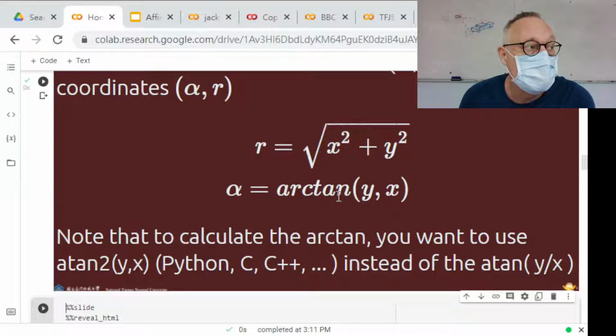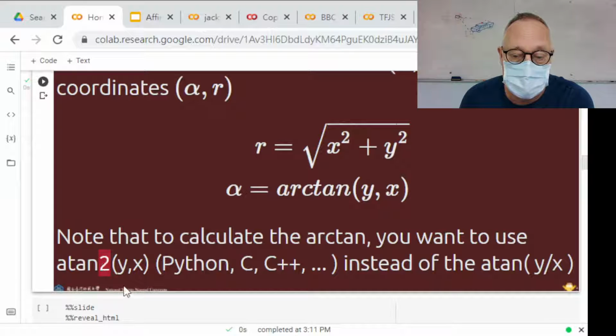So if you want to calculate this function, you have to make sure that you use the atan2 function, both in Python or C, C++, any other kind of mathematical program that you write. For new programs, it's a mistake to use atan, really. Otherwise, you have to add a lot more code to check if the line is vertical and which quadrant it lies in.